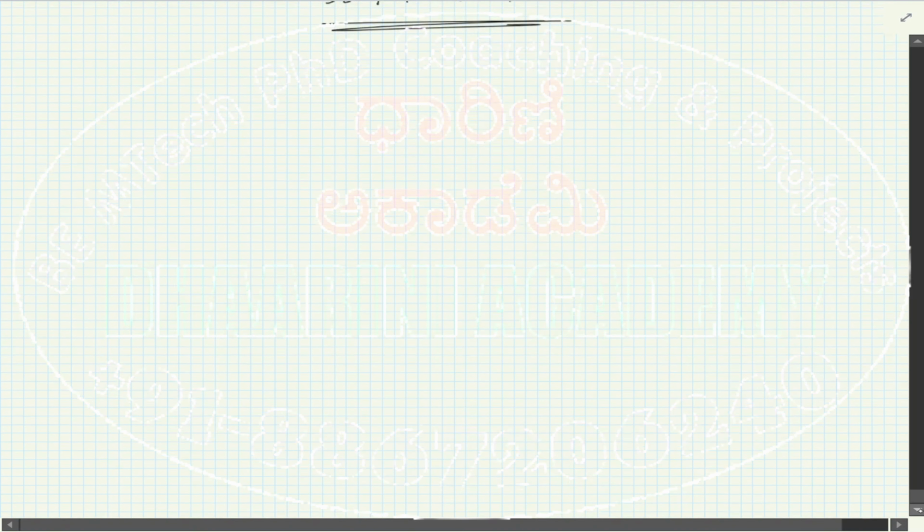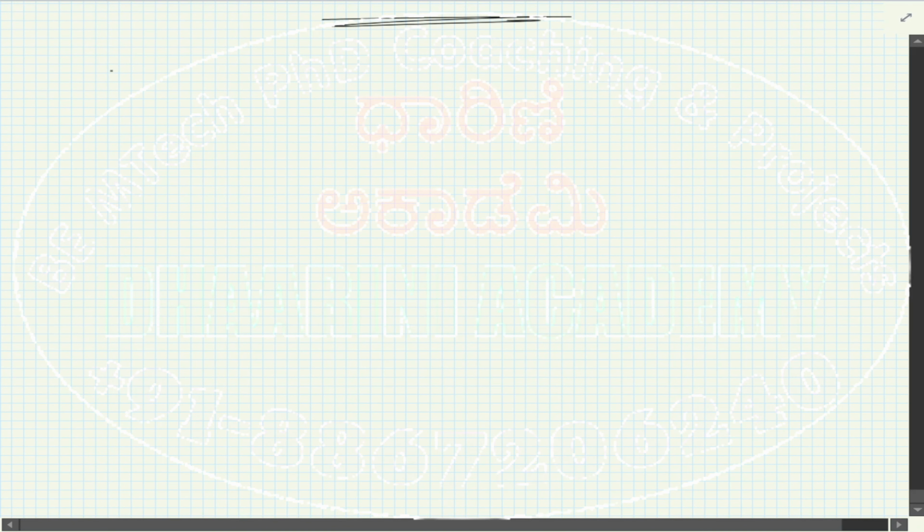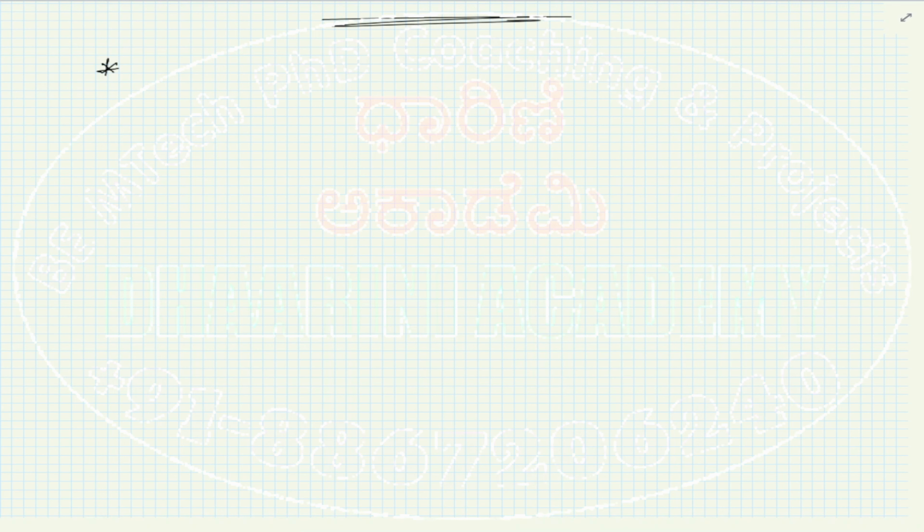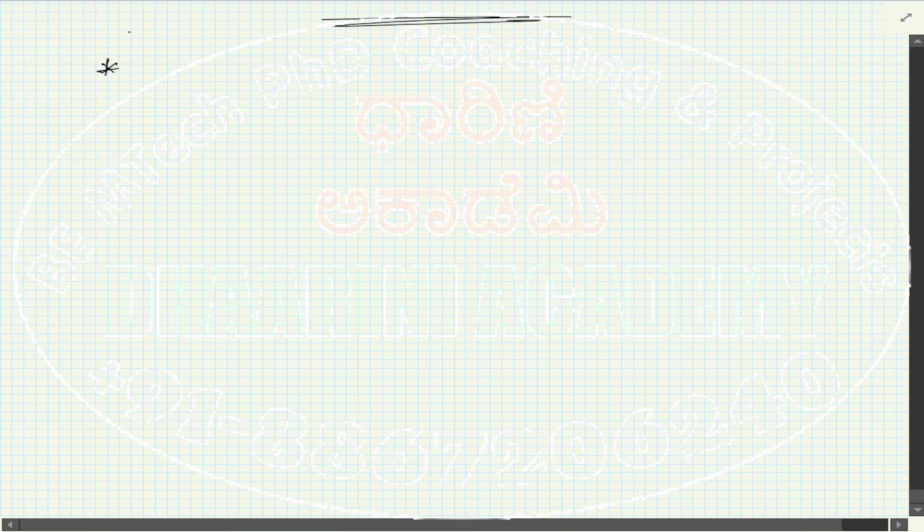Alright, moving on to the next problem. This is f of t is equal to e to the minus t into cos square of 3t.